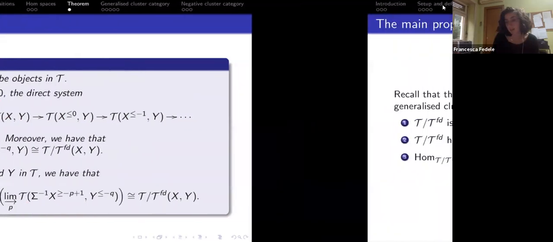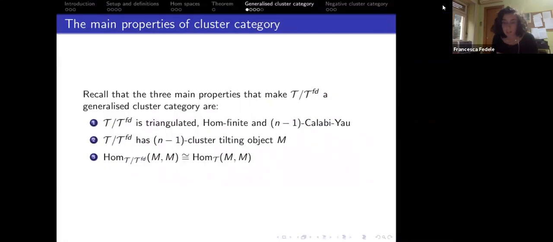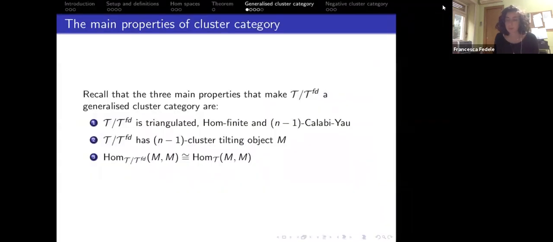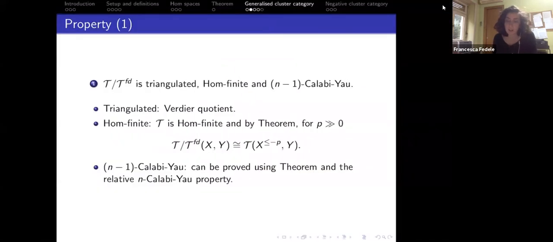And as I was saying at the beginning, we want to use this new result to reprove that our T over TFT is actually a generalized cluster category. So we want to prove these three main sets of properties by using this new result. And yeah, I won't give full details on how to do this, but I still want to give an idea.